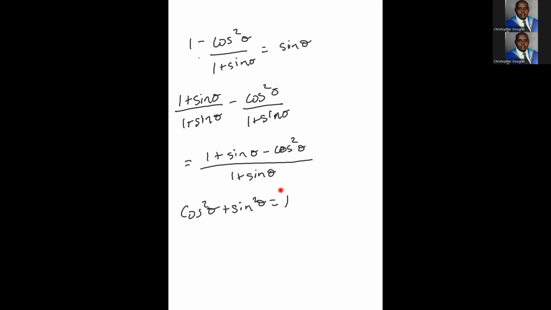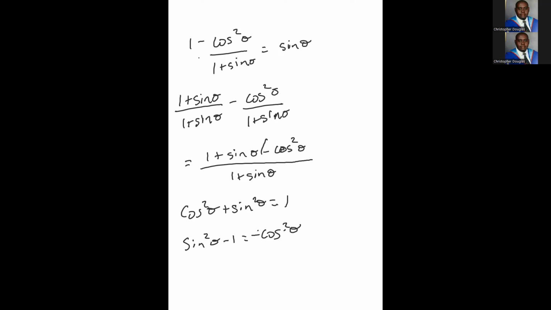So I'll actually get sine squared theta minus 1 is really negative cos squared theta. So a positive sine squared theta minus 1 is really negative cos squared theta.